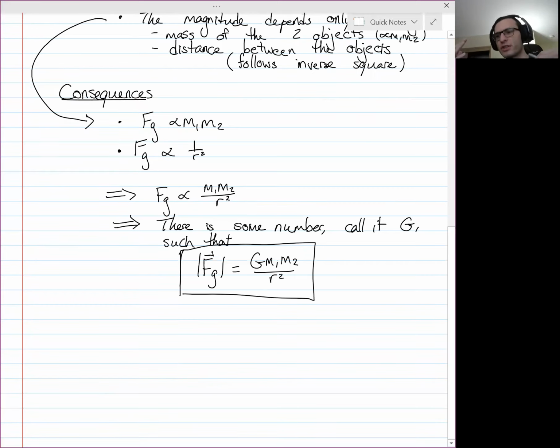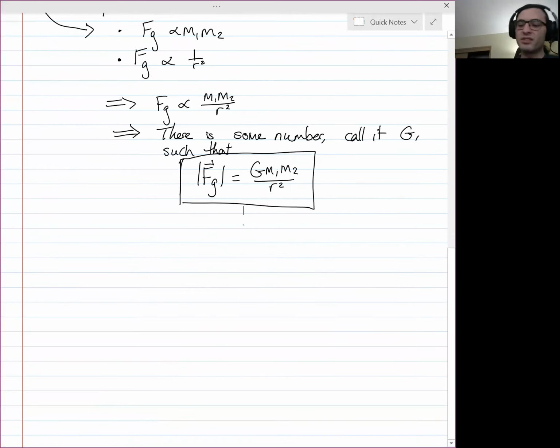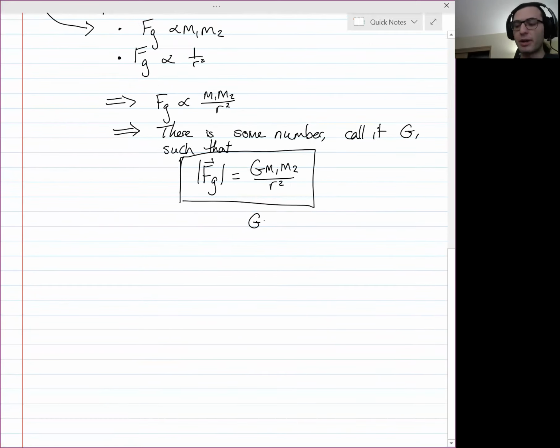This is known as the Cavendish experiment, by the way. It was done in the 1800s. You could use that to calculate the gravitational constant experimentally. And what we determined with better and better measurements is that G, which is known as Newton's constant, is 6.67 times 10 to the minus 11 newton meters squared per kilogram squared.